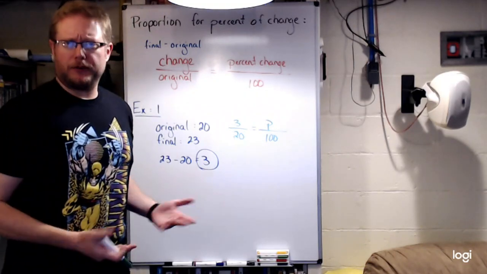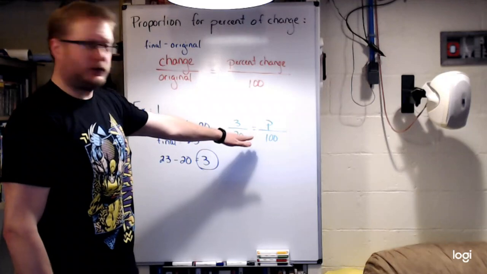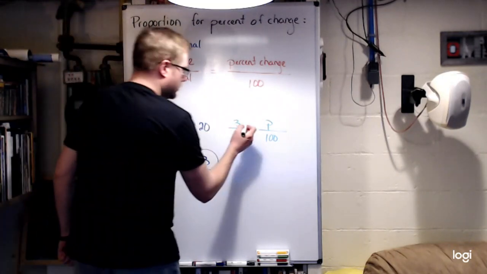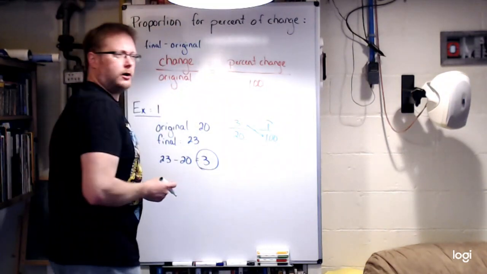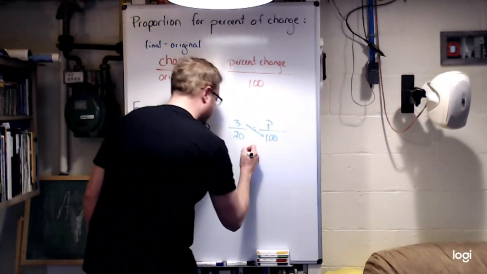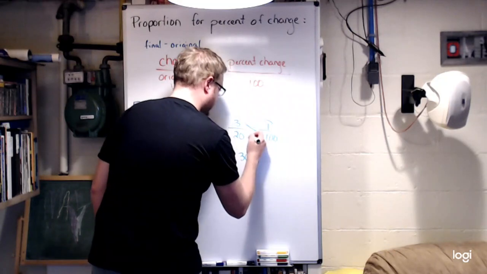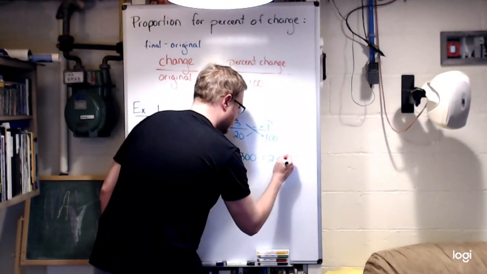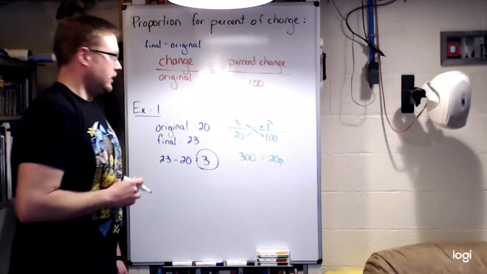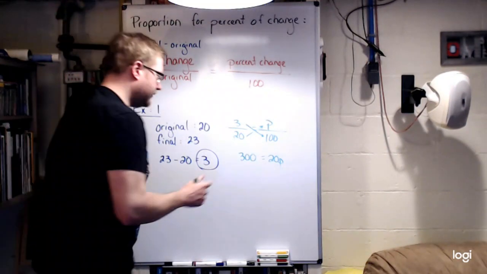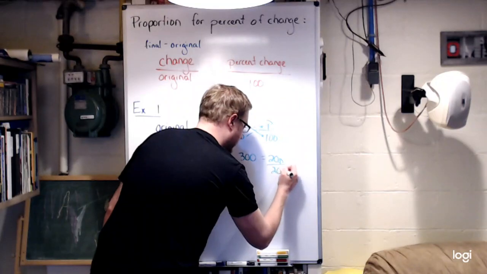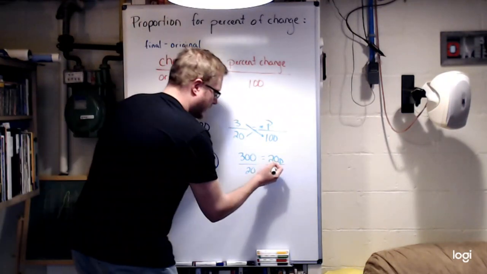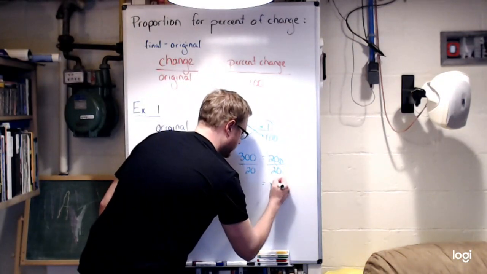And if you remember from the previous lesson, to solve this proportion, we just cross multiply and divide. Cross multiply, 3 times 100 is 300. 20 times P is 20P. We cross multiplied, now we'll divide. Divide both sides by 20. And these cancel out. We get P.